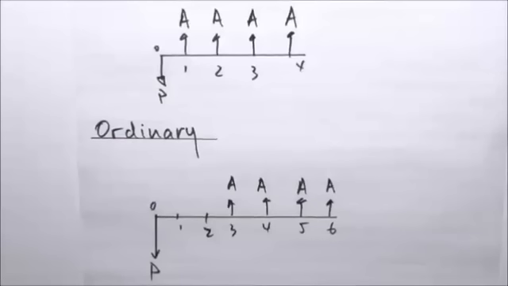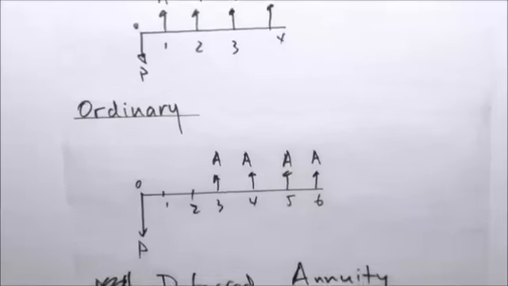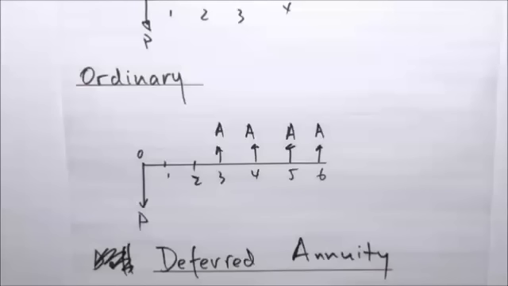In a situation like this, we can't just straight away apply our annuity formula because it's not what we initially assumed. So this is essentially what a deferred annuity is, and now we're going to look at an example of how we can calculate it, as well as go through the steps involved in working out the present value, so the value at time 0, of such an annuity.